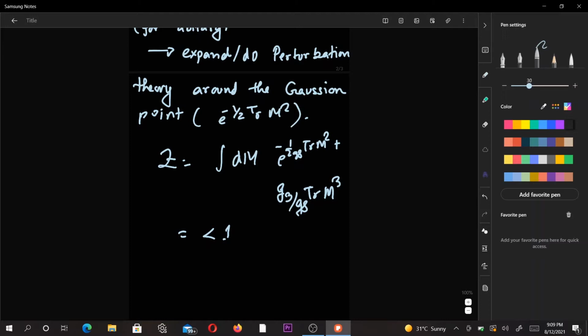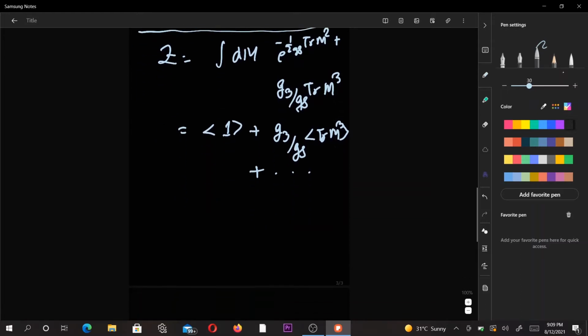You expand the exponential in G3 GS trace of M cubed and so on. This is basically what I mean by doing perturbation theory around the Gaussian point. Example.